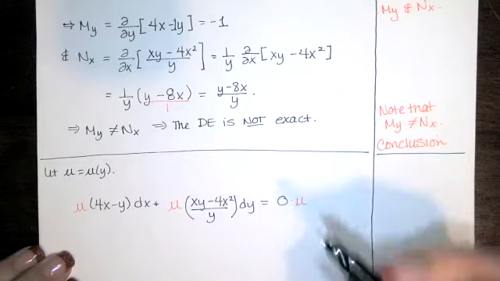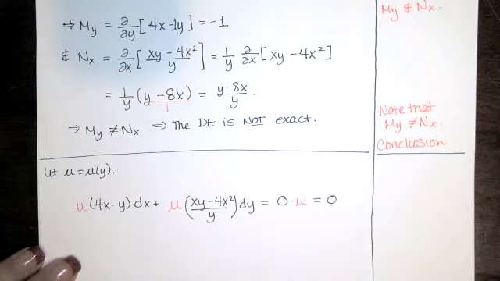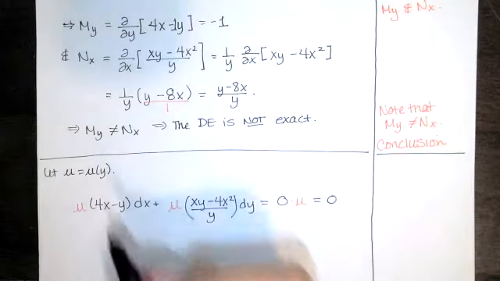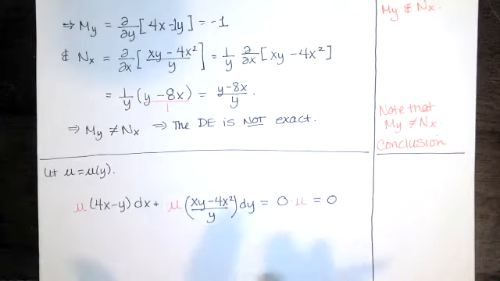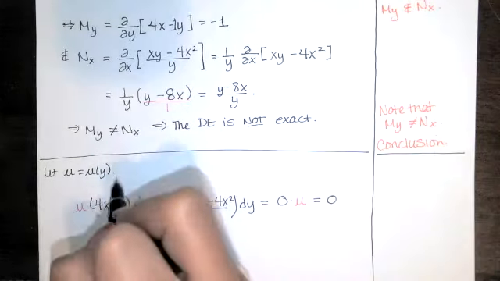And of course, 0 times mu is just 0. And now let's assume that this resulting differential equation is exact.